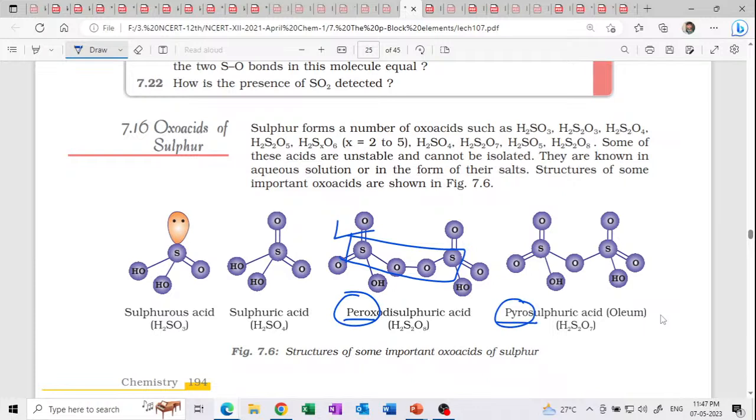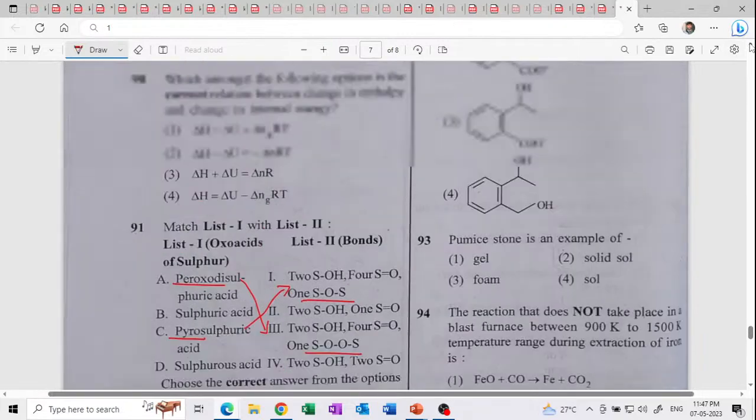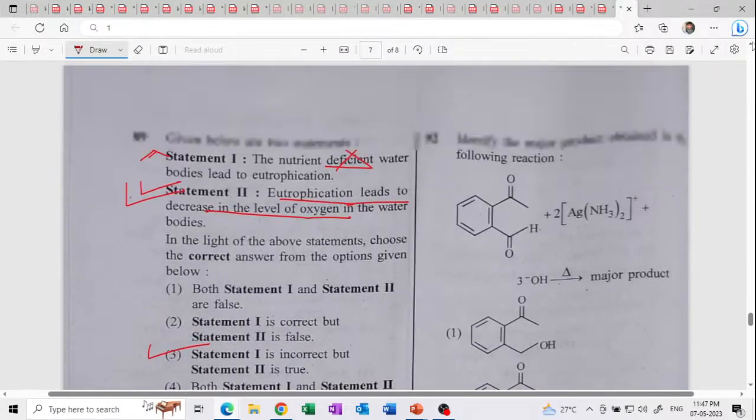Pyro stands for sulfur oxygen sulfur, and peroxo stands for the sulfur oxygen oxygen linkage. Okay, this is the question from the elements of group 16, straightforward from the CBSE NCERT.